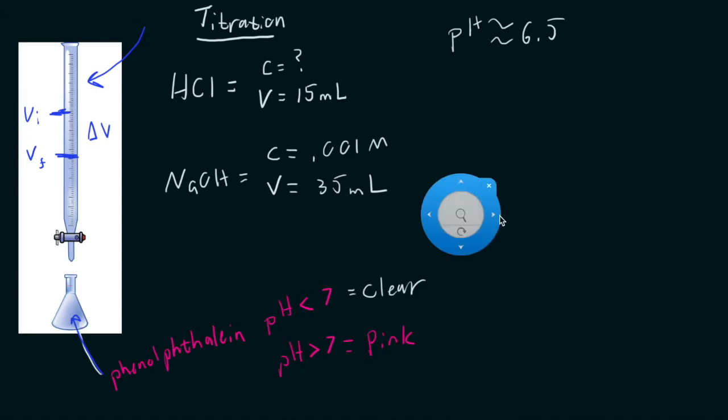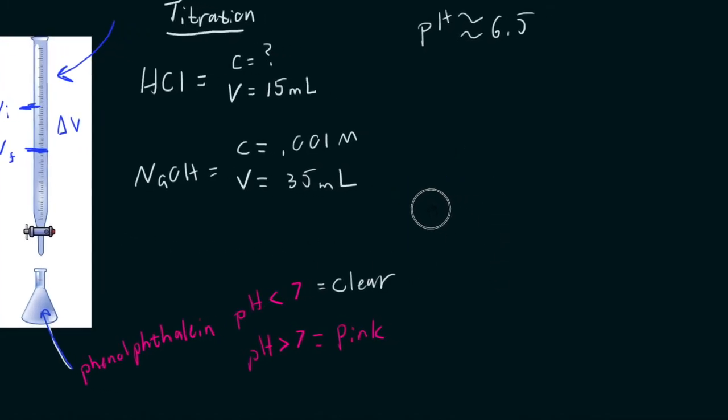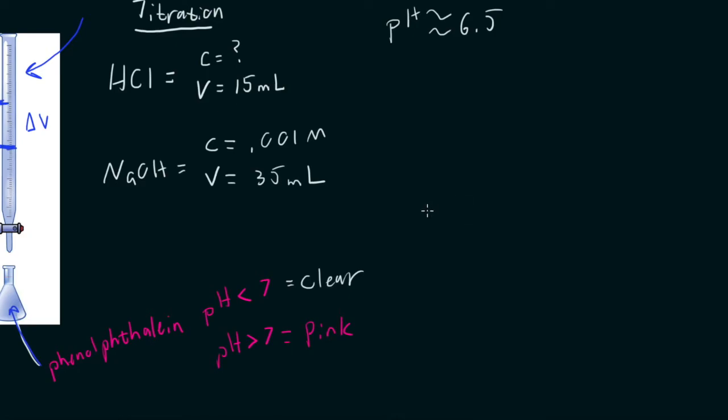So what's happening inside of this Florence flask is I have this reaction occurring. I've got HCl plus NaOH making water and NaCl.